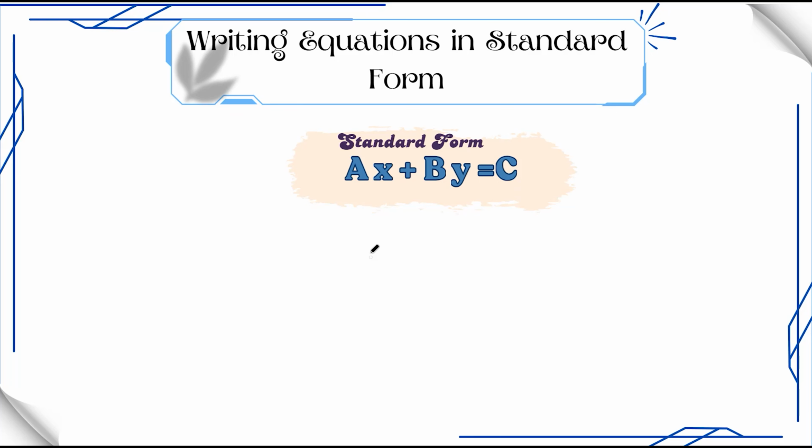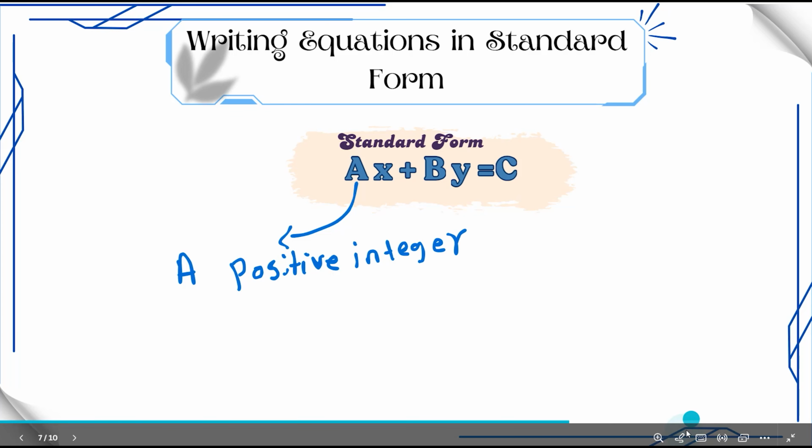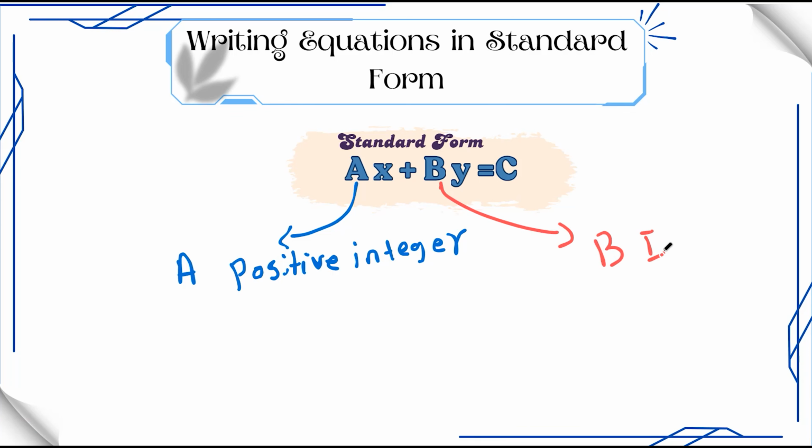But we have some conditions here. What is this? This A should be a positive integer. And what about B? This B should be an integer, just an integer.